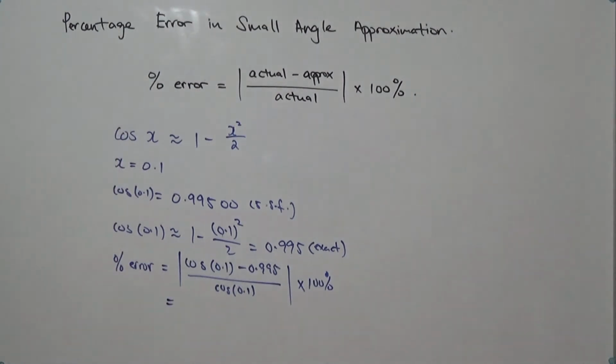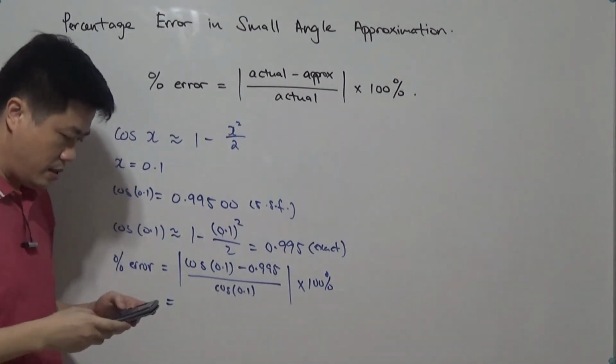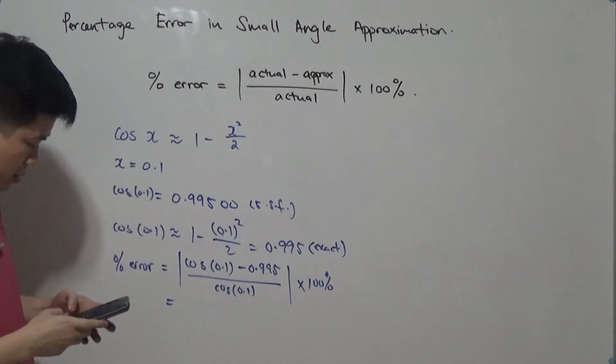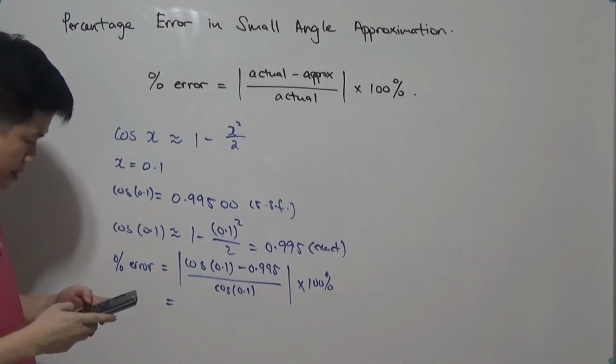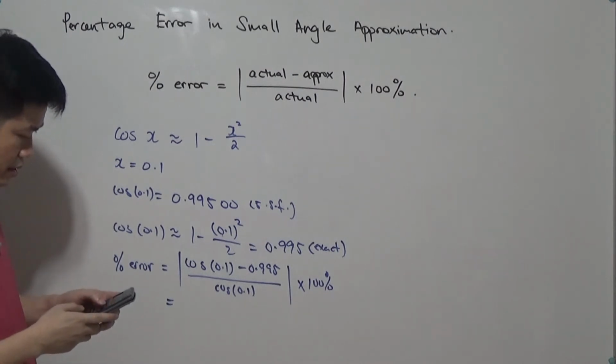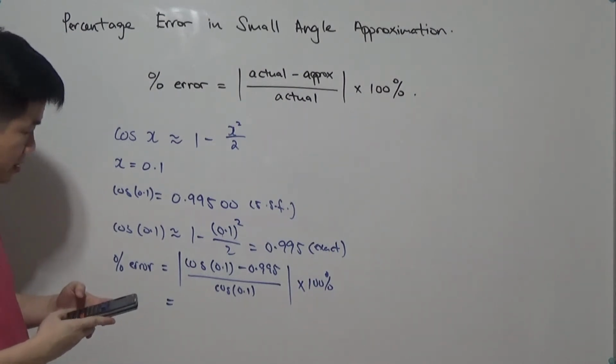Okay, I'm going to press our calculator. Modulus of cosine, bracket 0.1, close bracket, and then minus 0.995, divide by cosine 0.1, and then times 100%.